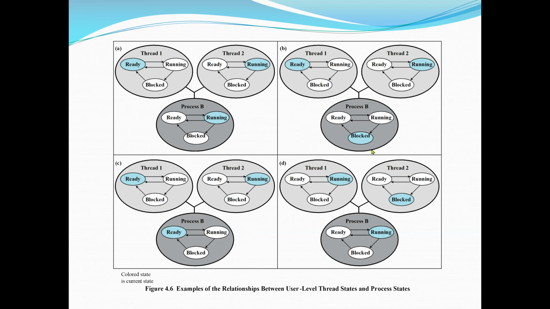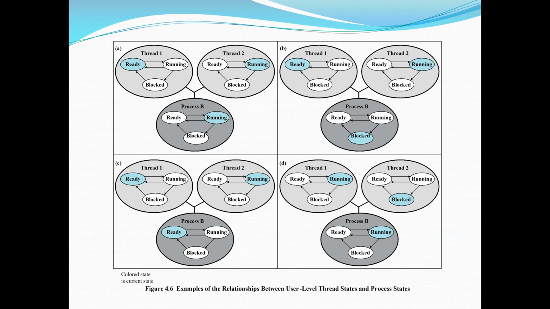Now process B is blocked, but thread 1 is still ready and thread 2 is running. Then when process B is in the ready state, we have threads ready and running, etc. The whole concept here is that the application executing thread 2 makes a system call that blocks B. So thread 2 makes the system call that blocks B.